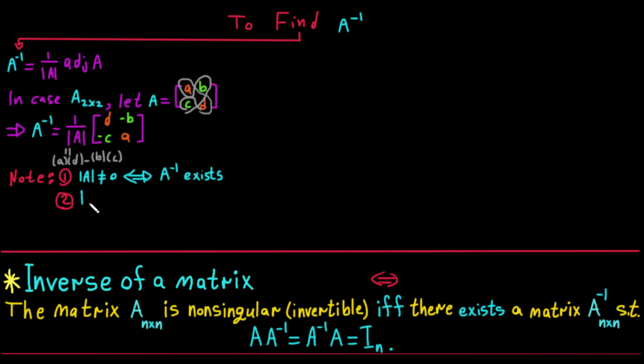If the determinant of A equals 0, then A inverse does not exist. And the same thing, if A inverse does not exist, then the determinant of A equals 0. These are very important to know to find the inverse of any matrix.